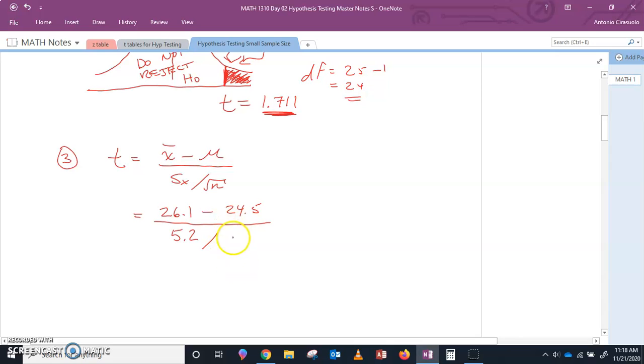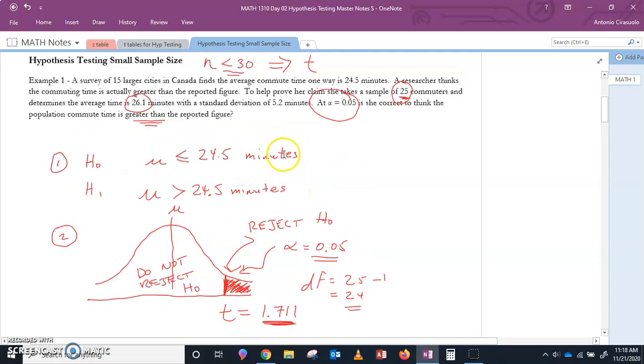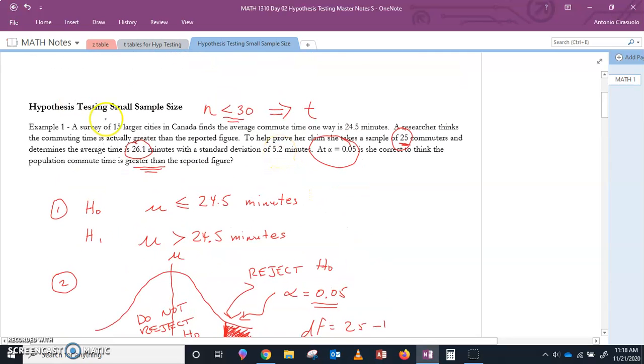And the sample that this was taken for, now there are two numbers there, but our sample is actually 25. So you just have to pay attention to the detail. It says a survey of 15 larger cities in Canada. So this is the larger of the study, but our study chose 25 commuters.